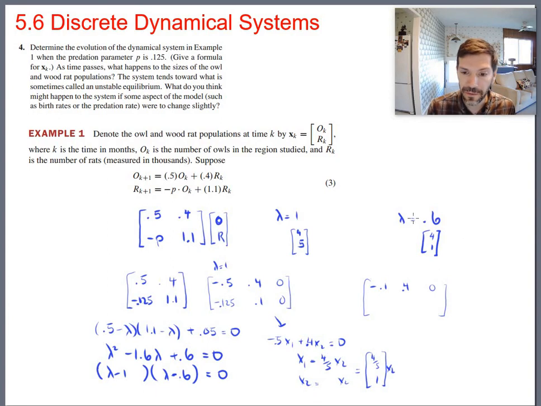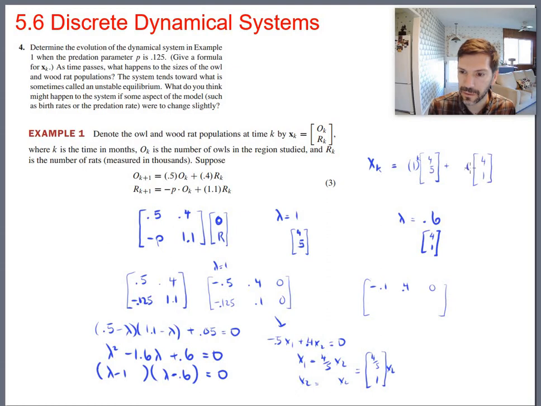So that's enough for us to sort of write out the long-term behavior. We don't even have a starting value for owls and wood rats, but I know that over the long run, x sub k is going to be a times 4, 5, which had an eigenvalue of 1, so 1 to the k, plus b times 4, 1.